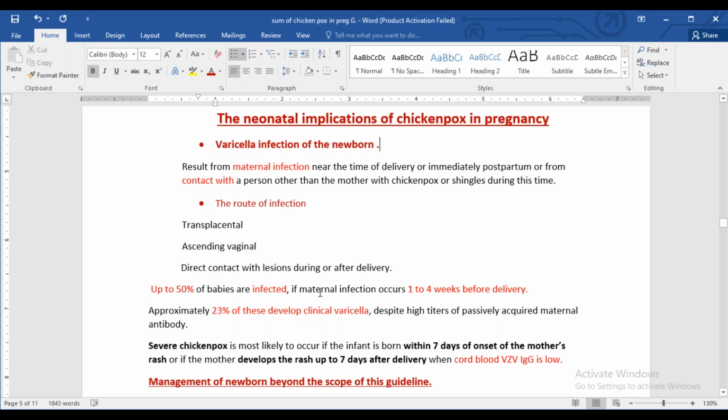Okay, if the maternal infection occurs 1 to 4 weeks before delivery, up to 50% of the babies will get infected.